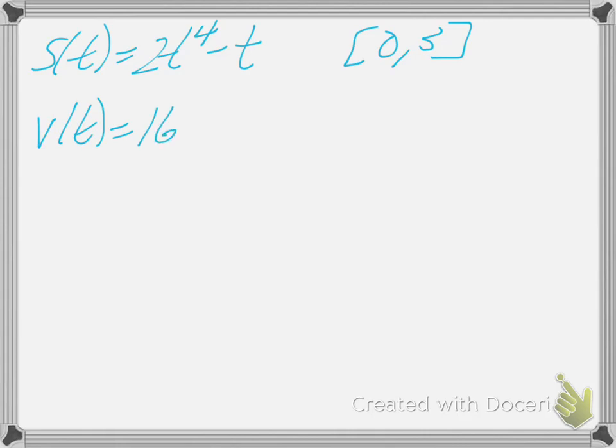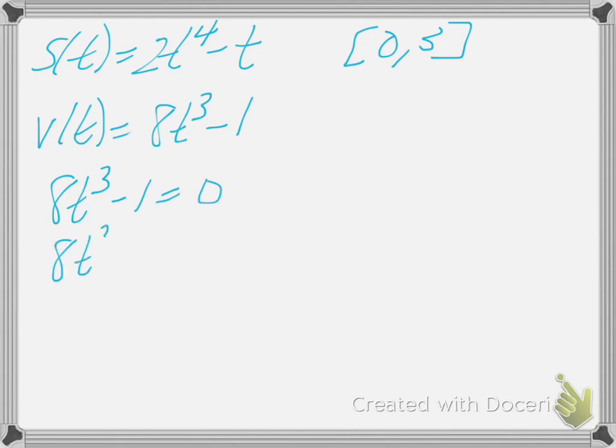But 4 times 2 is not 16. And then we're going to take our velocity, set it equal to 0, and solve. Okay, so t is the cube root of 1/8.